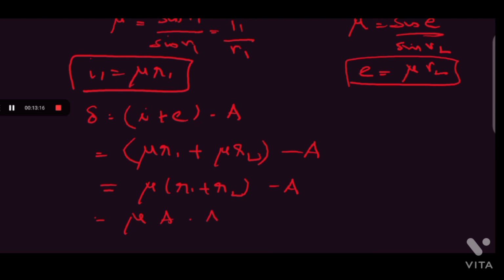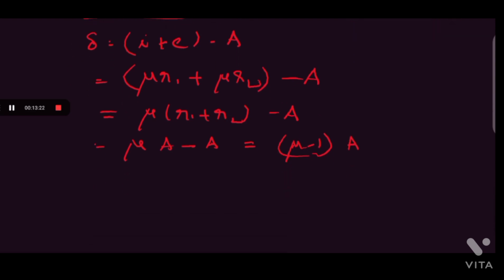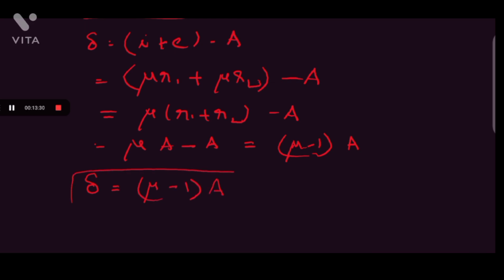A. So mu A minus A. If you take A outside, you can write it as mu minus 1 into A. So the final equation for the angle of deviation is mu minus 1 into A. This gives you the idea that as refractive index increases, the angle of deviation also increases. So both are directly proportional to each other.